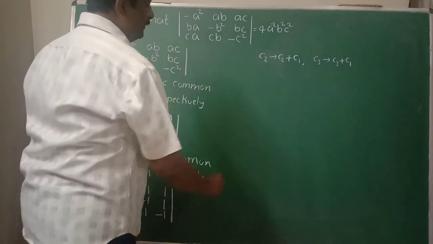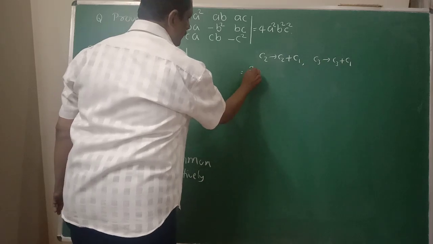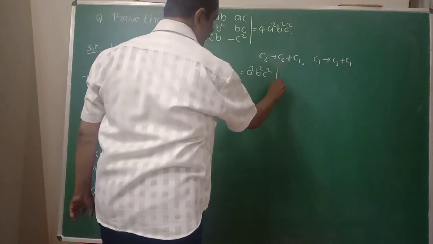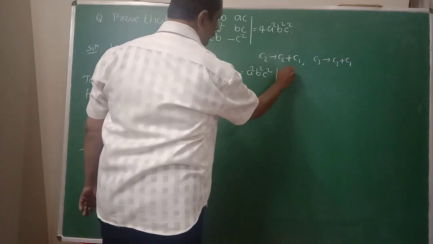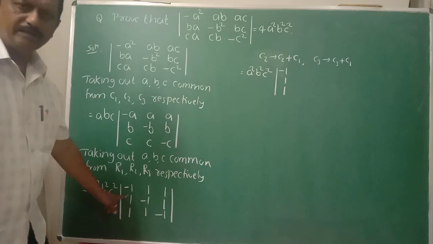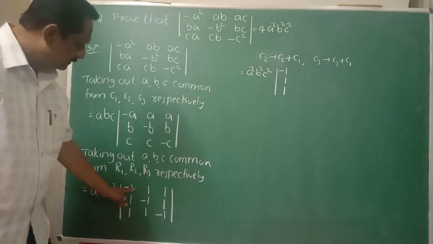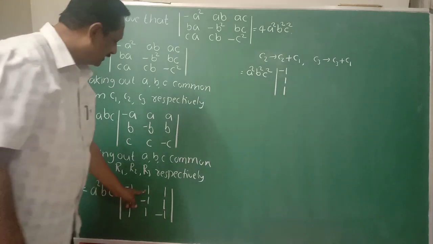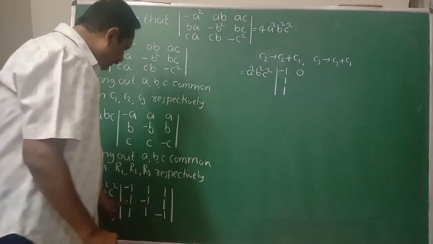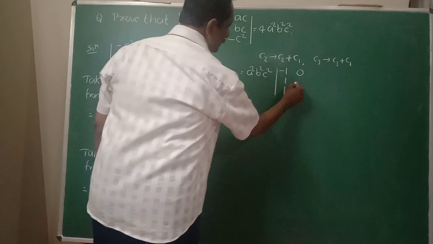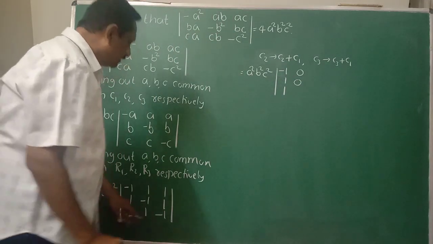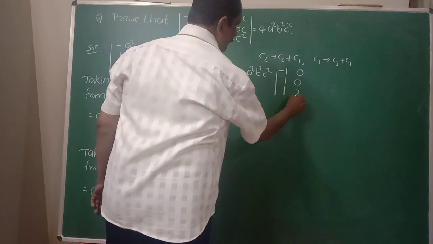Therefore, this equals a square b square c square into the determinant of: here minus 1, 1 and 1 keep as it is. The first column elements keep as it is. Then this plus this: 1 minus 1 becomes 0. This is a 0. Then 1 minus 1 is a 0. This becomes a 0. Then 1 plus 1 becomes a 2.